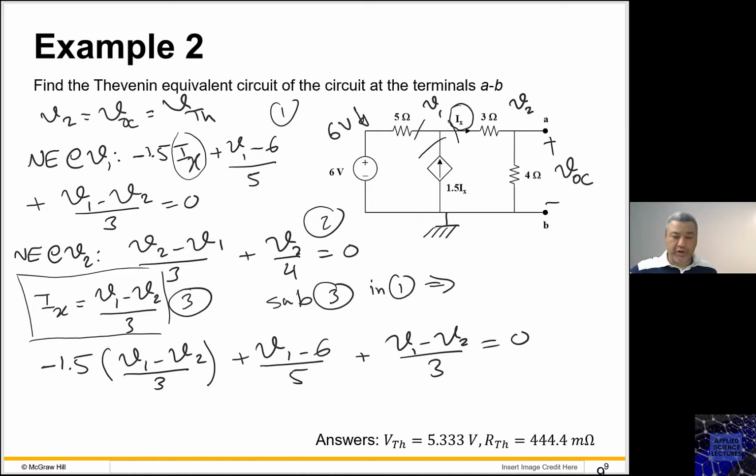Now you have two equations, two unknowns. You need to rearrange.